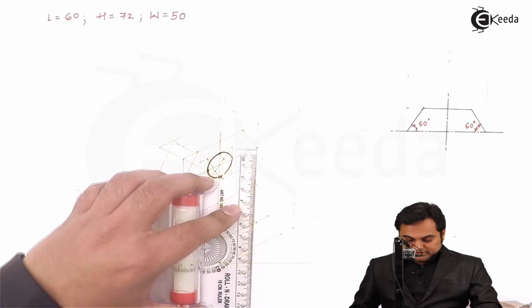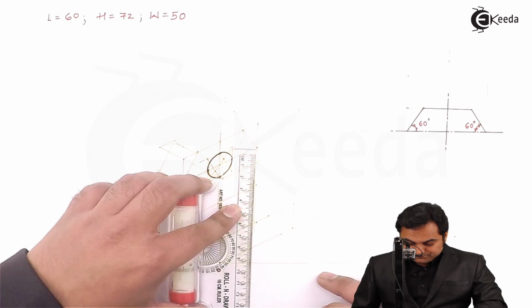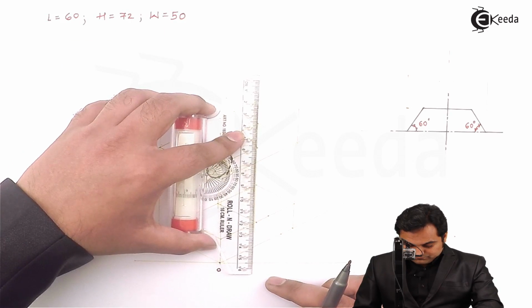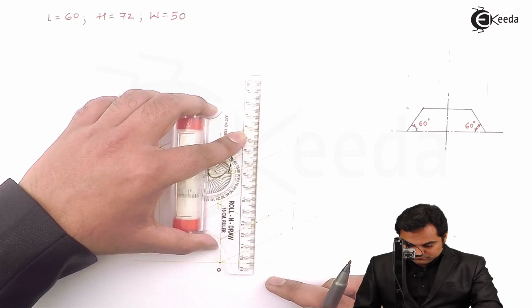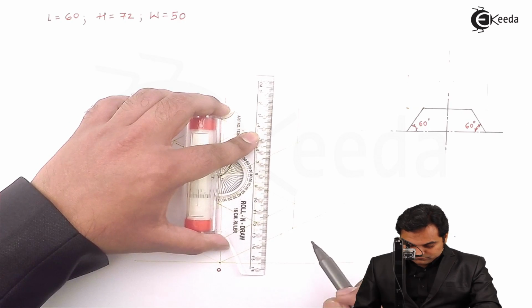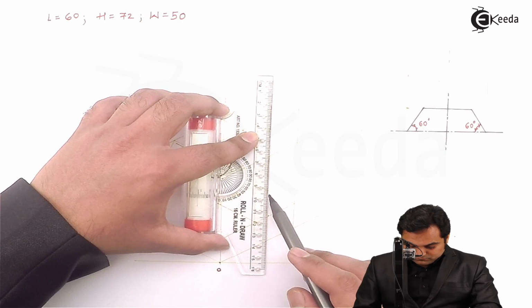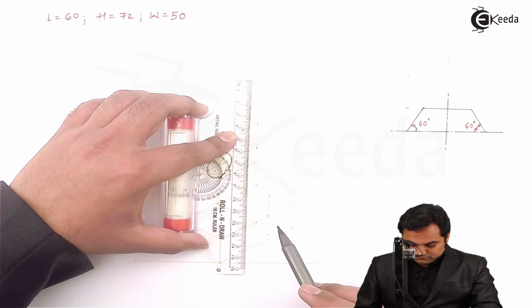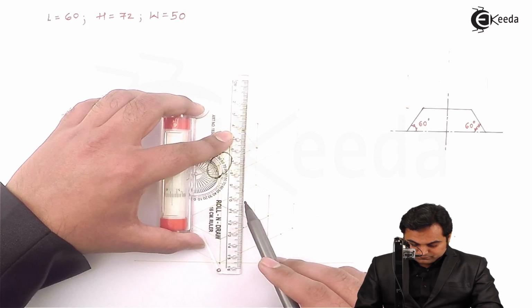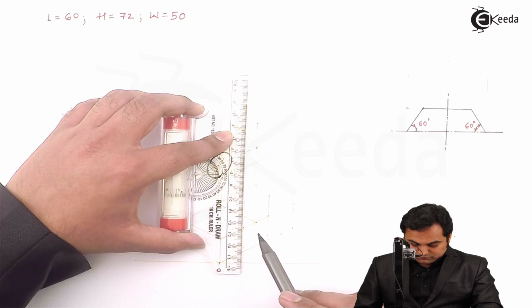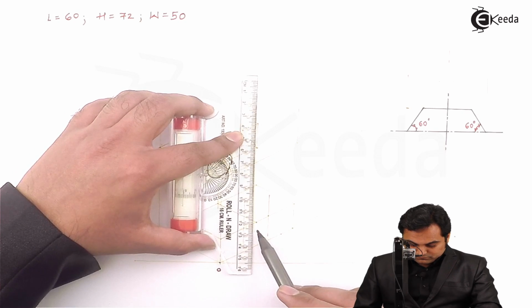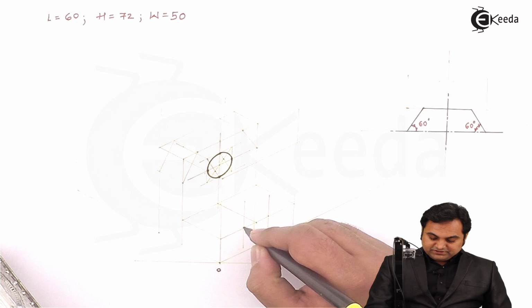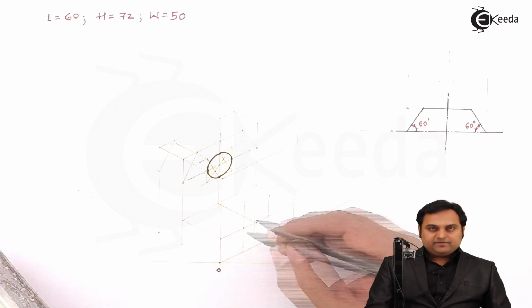Next, drawing vertical lines through them. Then from these 2 points I am measuring 10 mm on one side, 10 mm on the other side.